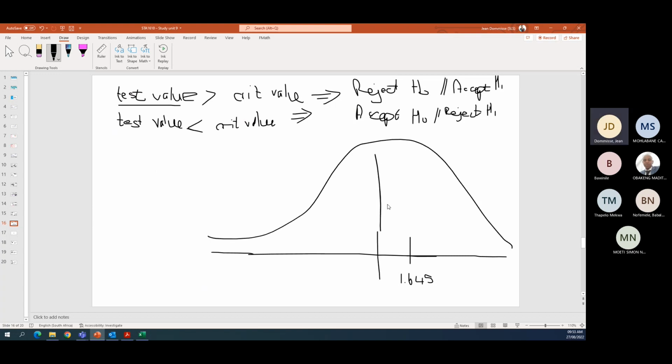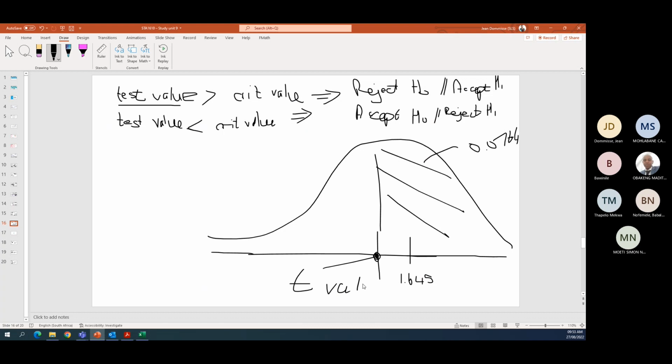So they tell us that this area is 0.0764. Okay, so we can actually work out what the t-value should be.